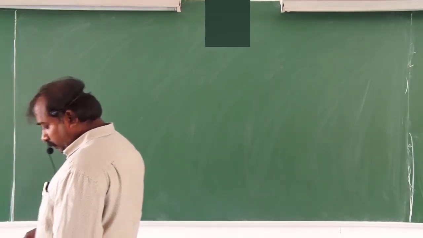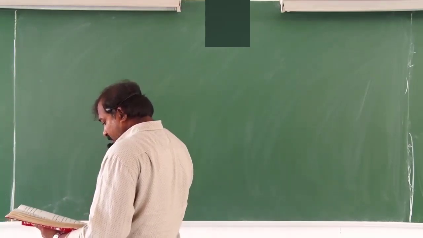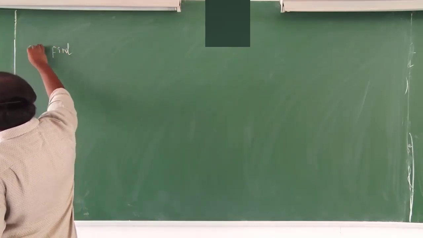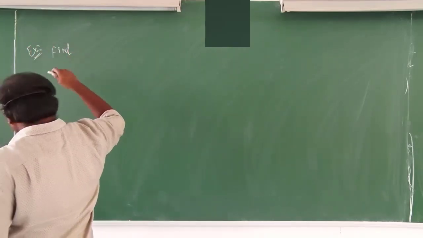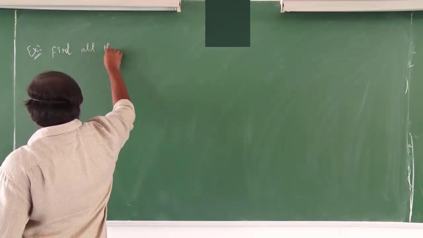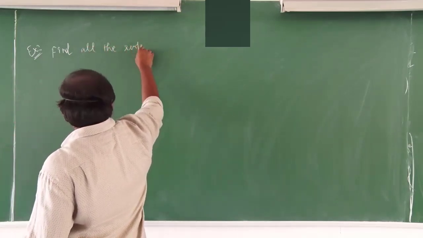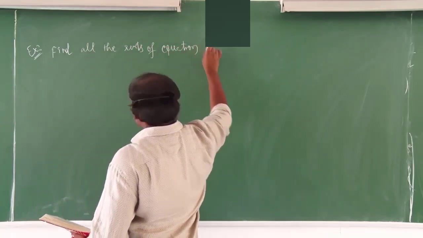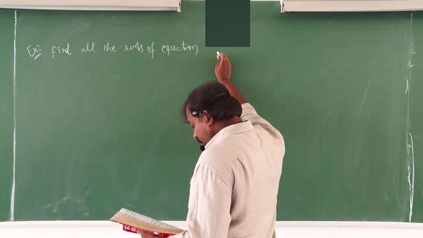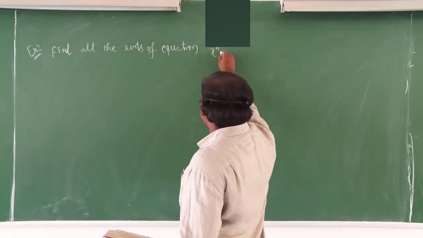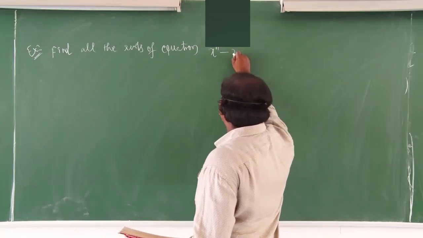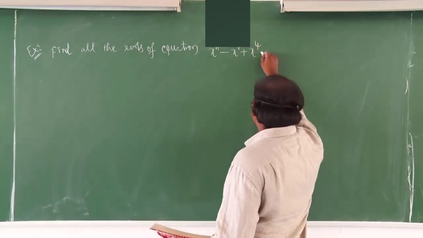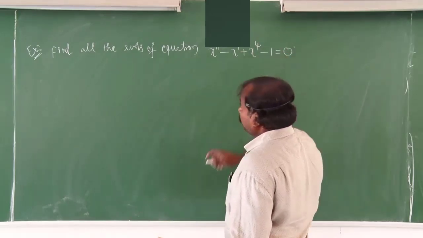Here is one example they have given. Find all the roots of the equation x power 11 minus x power 7 plus x power 4 minus 1 equal to 0.